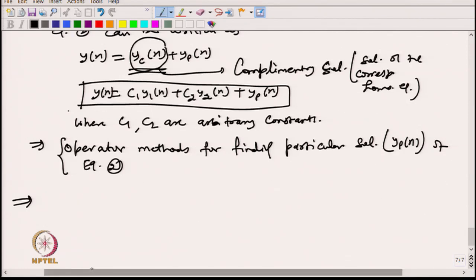Now, we already know that equation 2 can be written as L y = f(x).